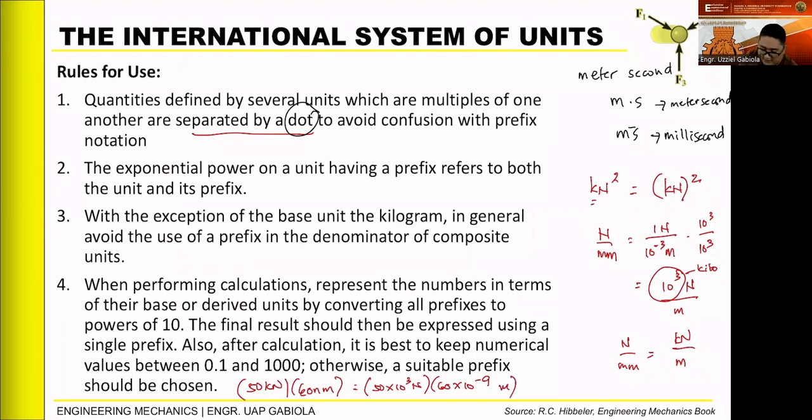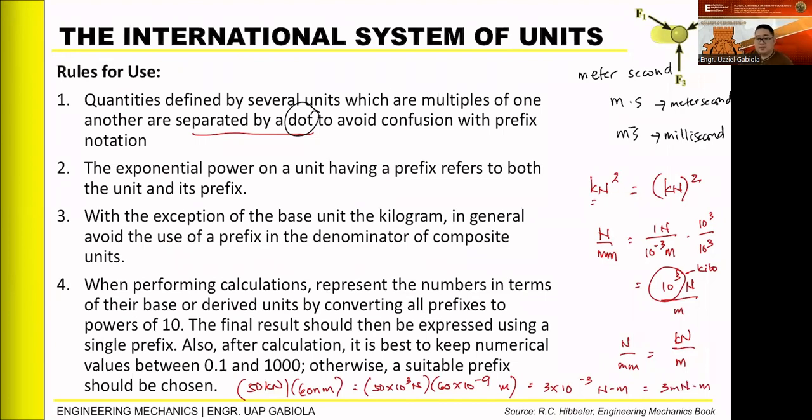Pag pinerform mo ngayon sa calcu yan, 50 times 10 cube multiplied by 60 times 10 negative 9, that is equivalent to 3 times 10 negative 3. Then ang unit natin is Newton meter. Okay? So ano ang negative 3 sa ating prefixes? That is milli. Milli po. So this will be 3 milli-Newton meter.